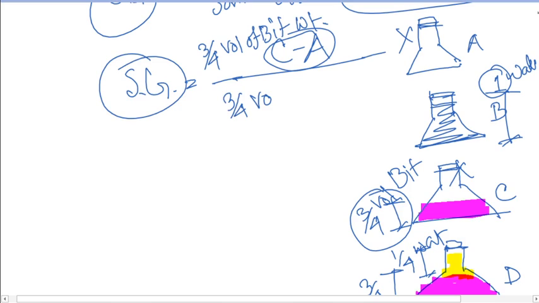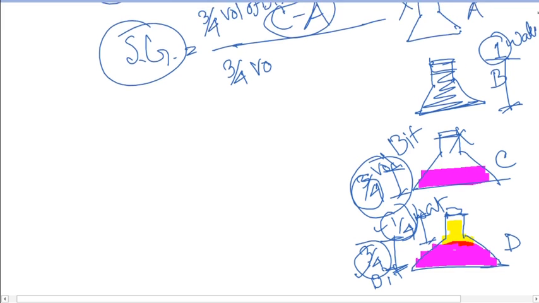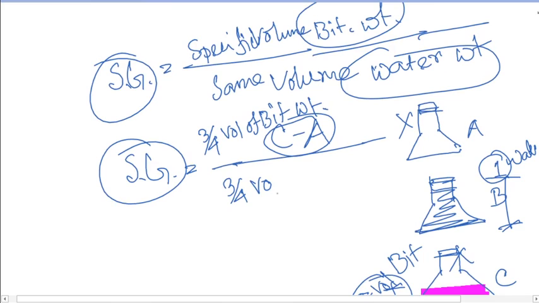This 3/4 is only used as a reference, not necessarily 3/4; any change will mutually rectify. So we need the same 3/4 volume of water weight underneath to give the specific gravity.